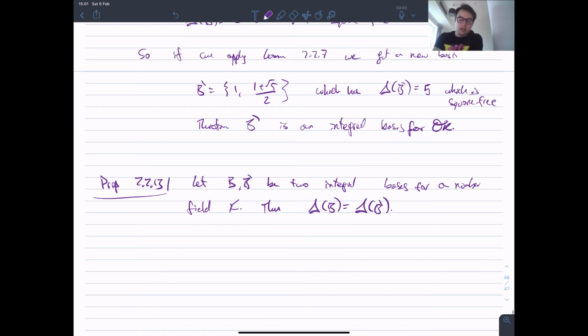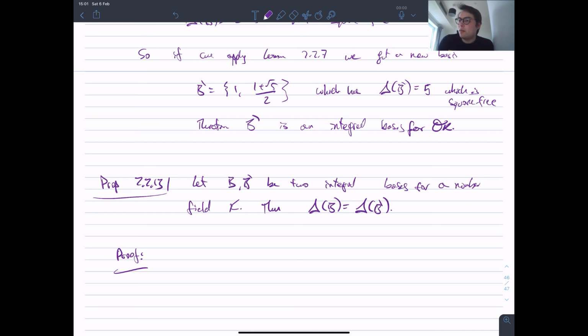Great, so once we have an integral basis, then our discriminant is somehow well defined. So proof, this is quite simple. We somehow consider what the change of basis matrix would be, and then this change of basis matrix, we have to determine, determinant 1 or minus 1, doesn't matter. When you square it, you just get the same thing.